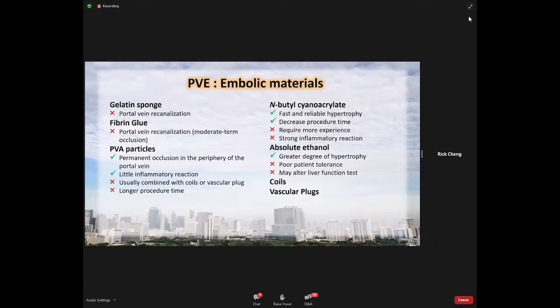It can be used in combination with proximal occlusion with coil or vascular plug. With liquid embolic materials such as glue mixture or absolute ethanol, the procedure time will be shorter and the hypertrophy rate is reliable. However, it requires more experience of the operator and has strong inflammatory reaction.